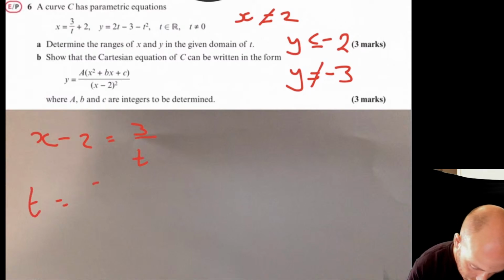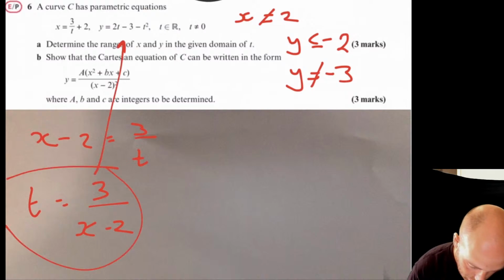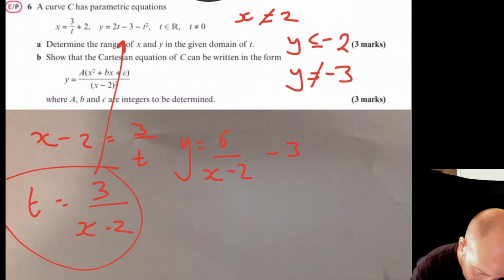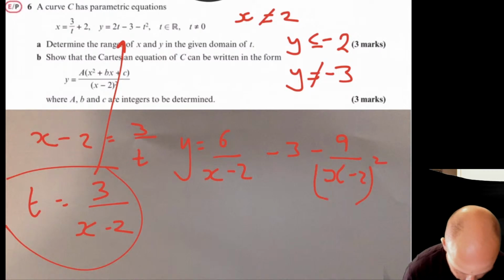So t equals 3 over x take 2. And we're going to put that into the equation there. So y equals 2 lots of this, so that's going to be 6 over x take 2 minus 3 minus 9 over x take 2 all squared.